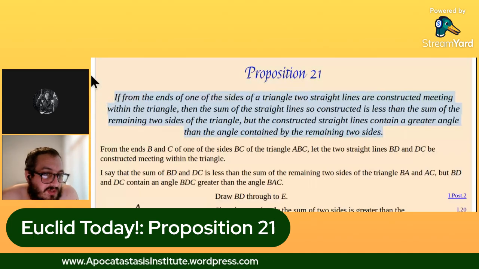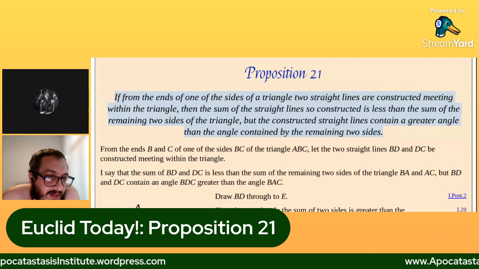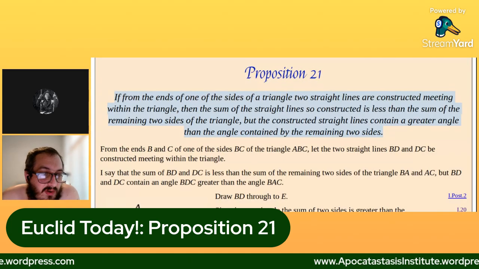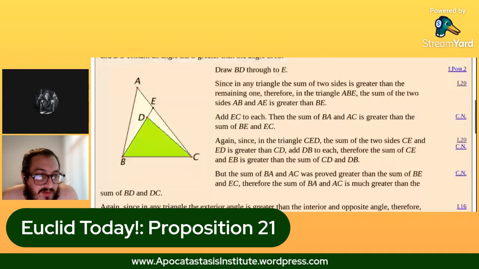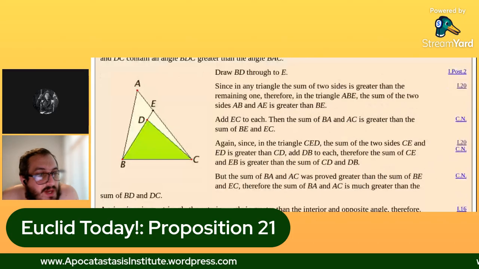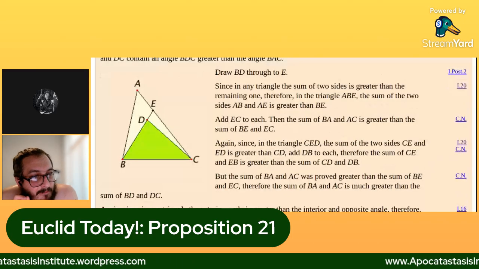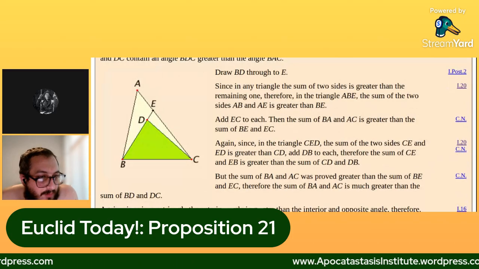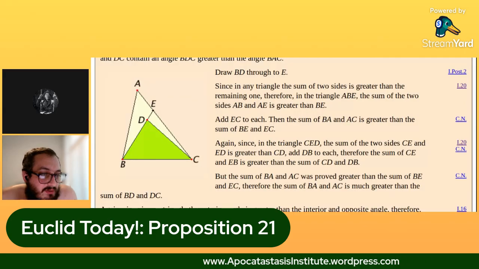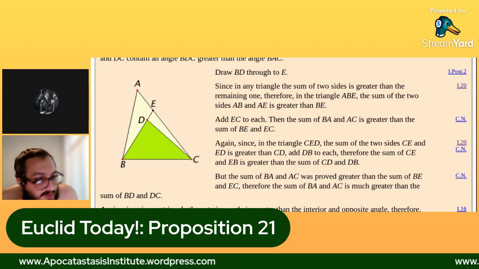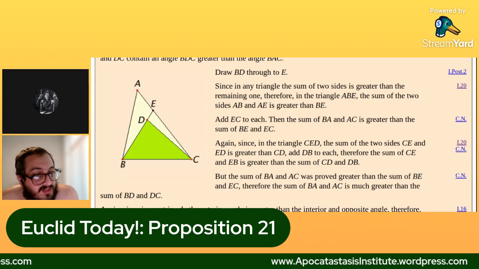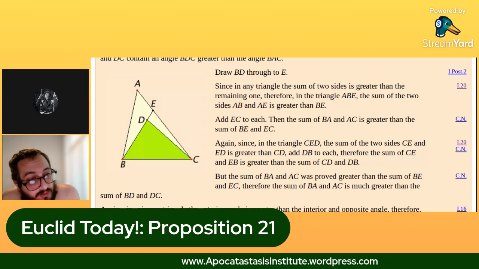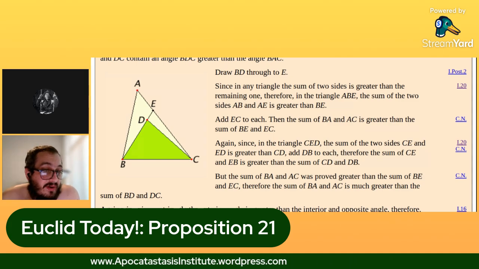As you can see in the image, if you scroll down a bit, you can see the kind of triangle we have here. So if you have this triangle ABC, and you create this triangle BCD, where you have that point in the center of the triangle, and you connect two of the vertices of the bigger triangle, that little triangle is going to have the property that its two sides sum to a smaller sum than the bigger triangle's, but the angle is going to be bigger.